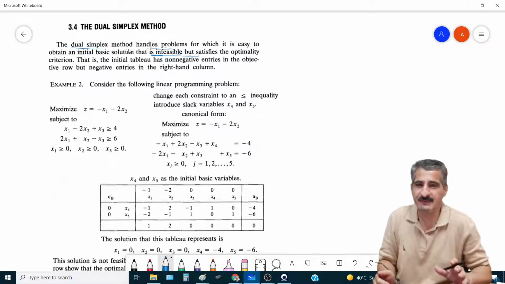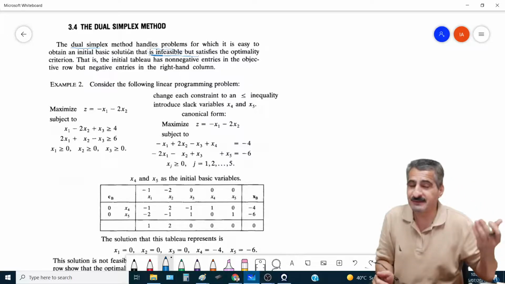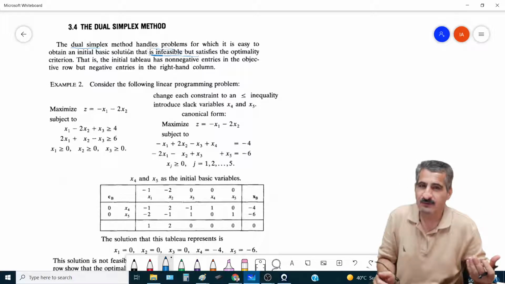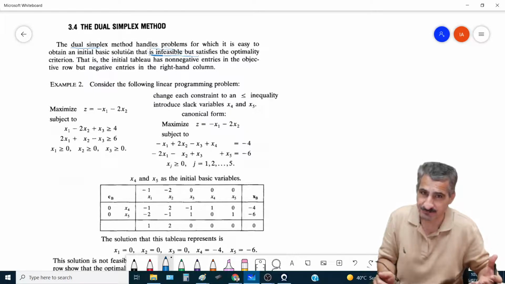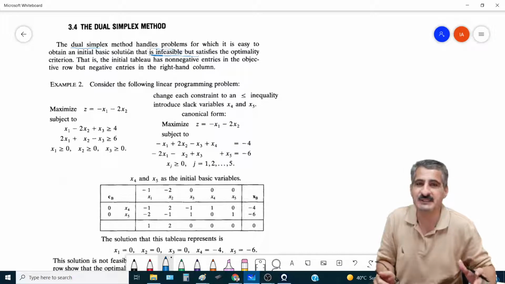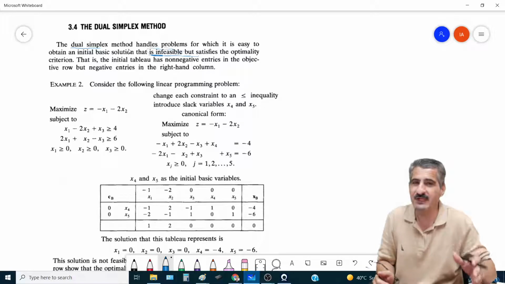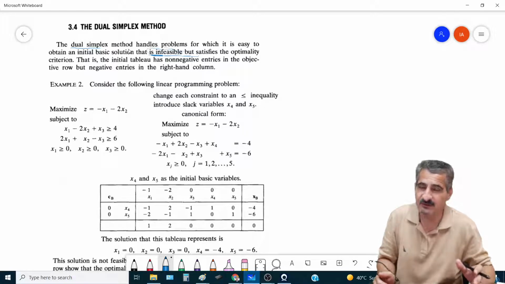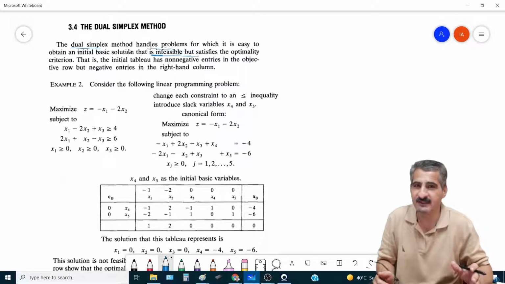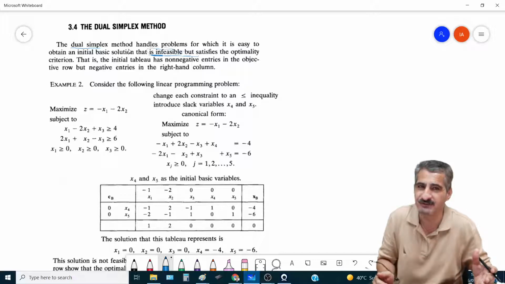Now remember that to use the original simplex method, we always needed to start with an initial feasible solution. But sometimes getting such an initial feasible solution is difficult. That is why we have a phase 1 form, where we have to introduce slack and artificial variables, and at the end of phase 1 we get the initial feasible solution.